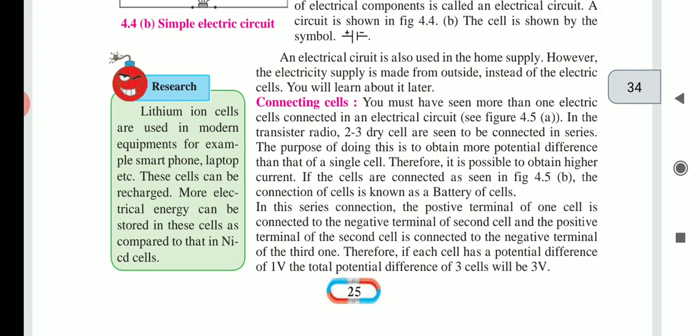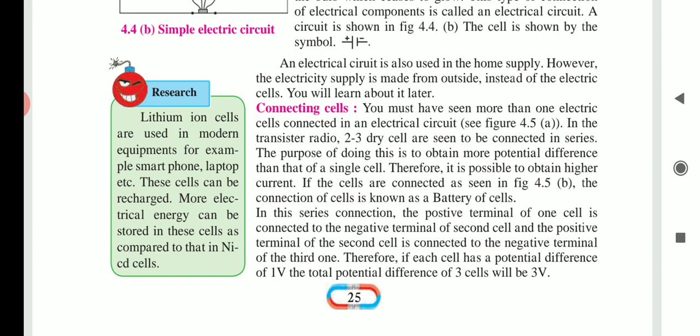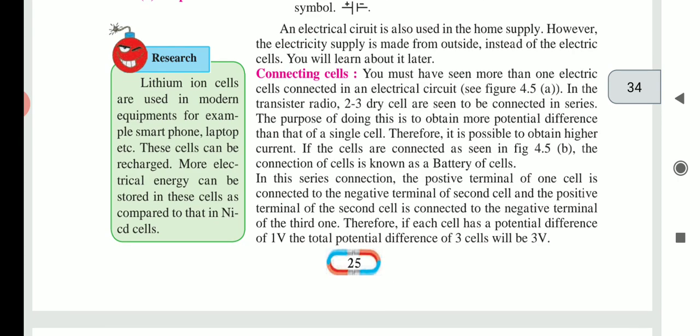The nickel cadmium cell is also a rechargeable cell, but more electrical energy is not stored in it, whereas in the lithium ion cell more electrical energy can be stored. Now let us see about connecting cells.